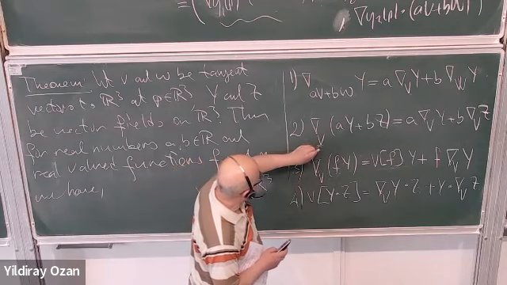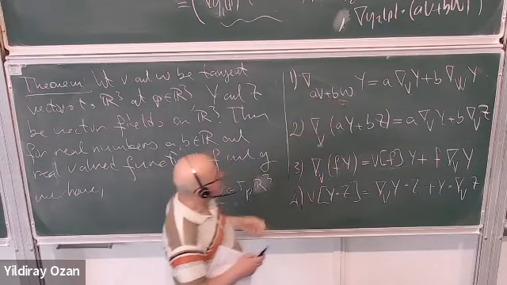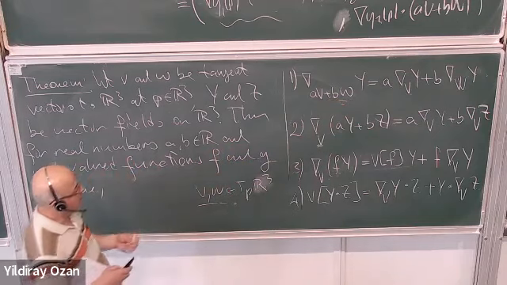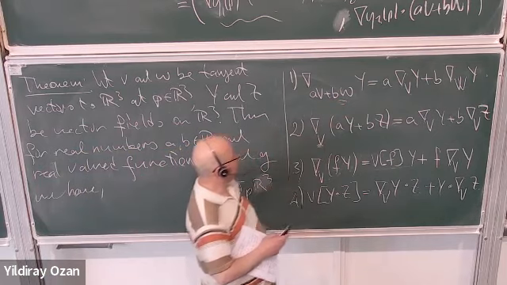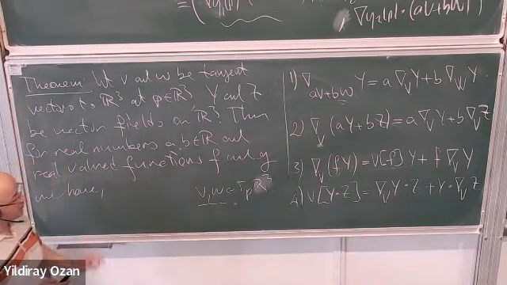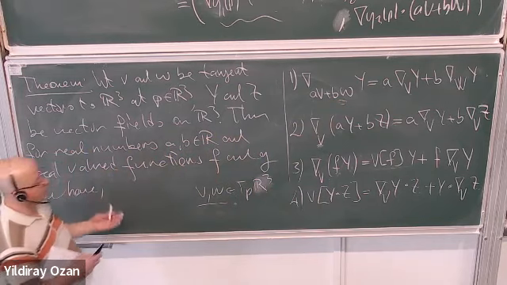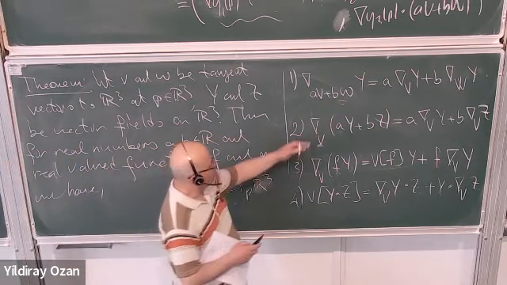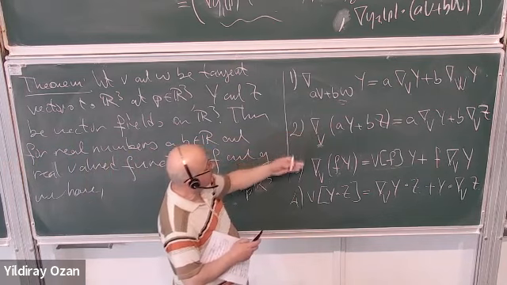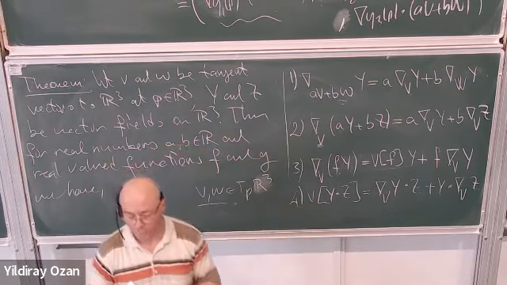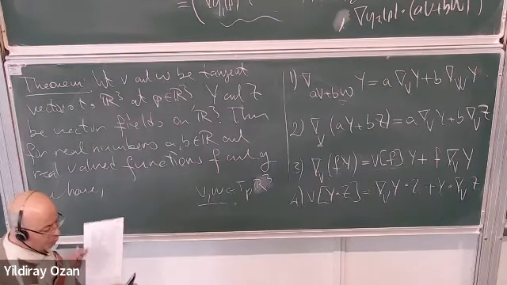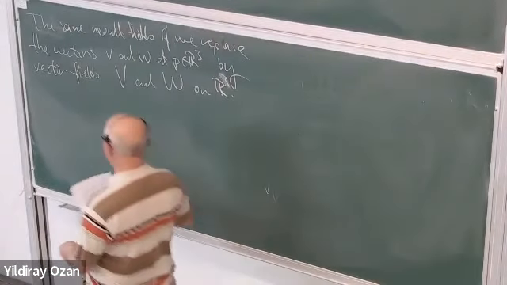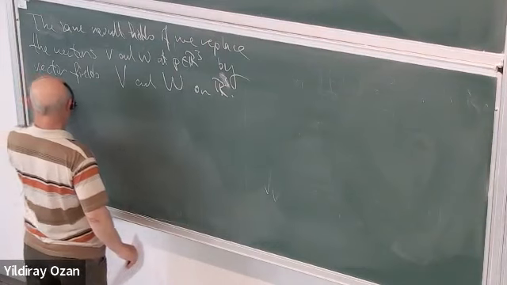You are not taking derivative of V or W. Therefore, I can just assume that these are not just vectors, actually, but vector fields, okay? And I just keep doing the same thing at each point, okay? So the statement is the following. The proof is the same. The statement is a little bit different. Corollary.